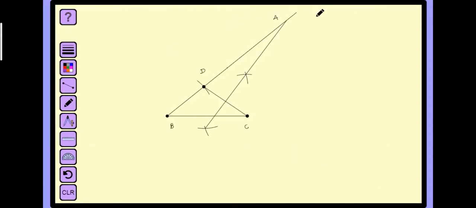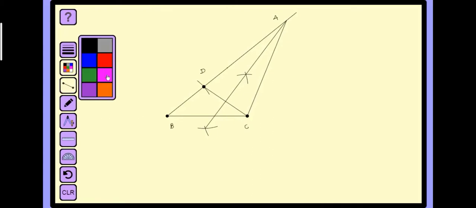Now join AC. If you are observing, AD is equal to AC because A is the point on the perpendicular bisector of CD, so it is equidistant from C and D. Then we have AC, BC and AB.